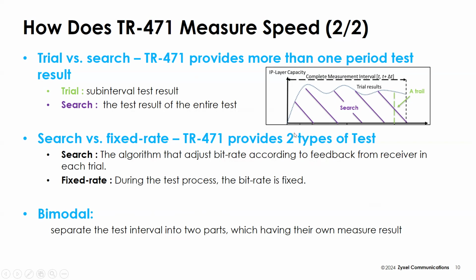If we have the first interval in this time range, this might be our first bimodal test, and then we will have another result for the second interval. We will look in more detail in a later slide at what the display looks like. Yeah, thank you. Maybe my description is hard to understand.